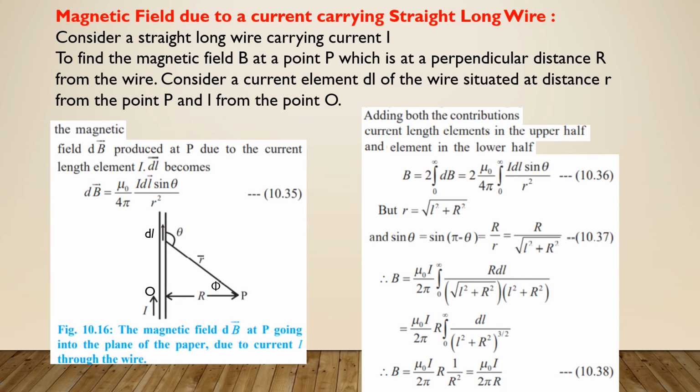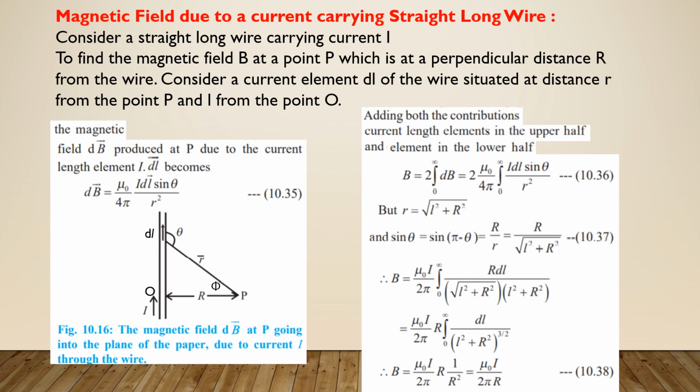As per Biot-Savart law, the differential magnetic field dB at point P is given by dB is equal to mu 0 upon 4 pi I dl sin theta upon r square. We can assume the conductor to be divided into two equal halves with point O as the midpoint. All the elements in the upper half produce magnetic field at point P perpendicular to plane of the paper and inwards.